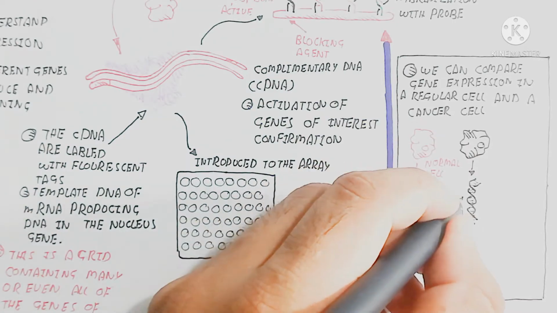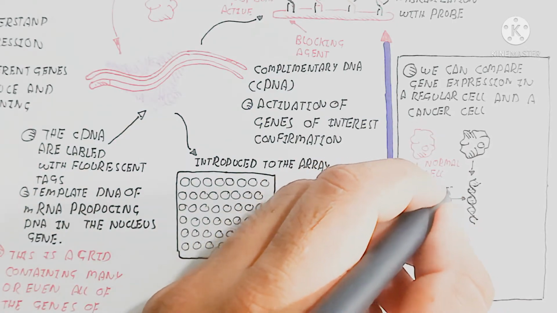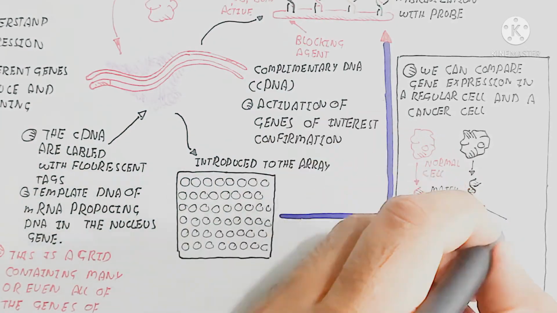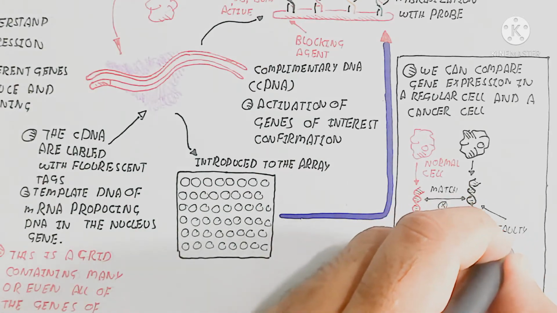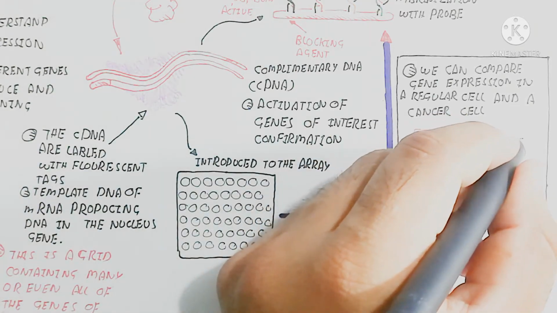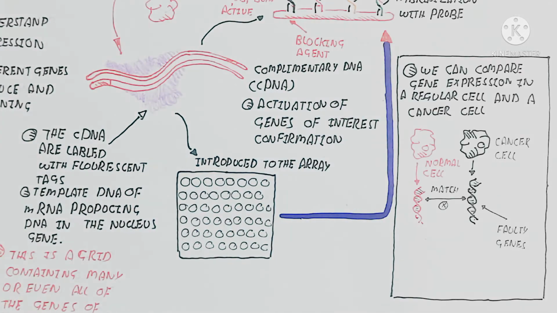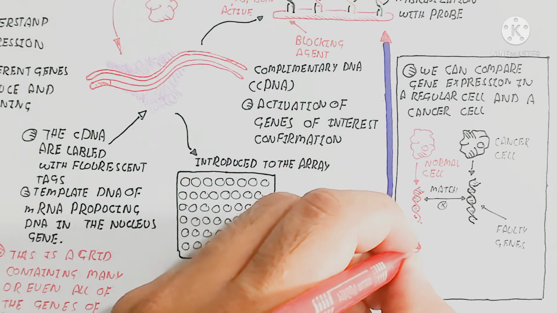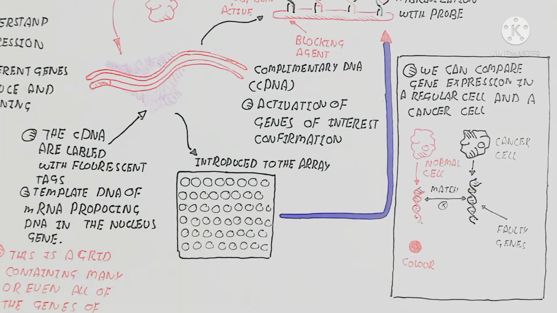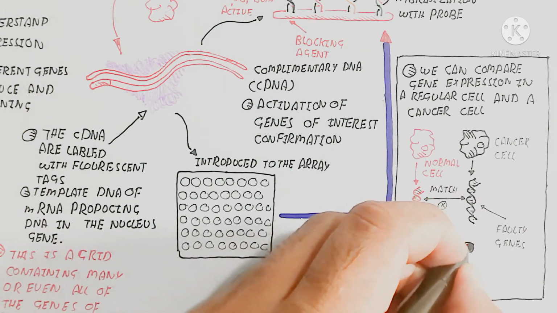While if we compare the normal color to the cancer cell, the cancer cell in the same region of the tissue will produce a different color. It means a different type of gene is activating, which is not useful. It means a faulty gene is activating, producing a different color by the same mechanism.